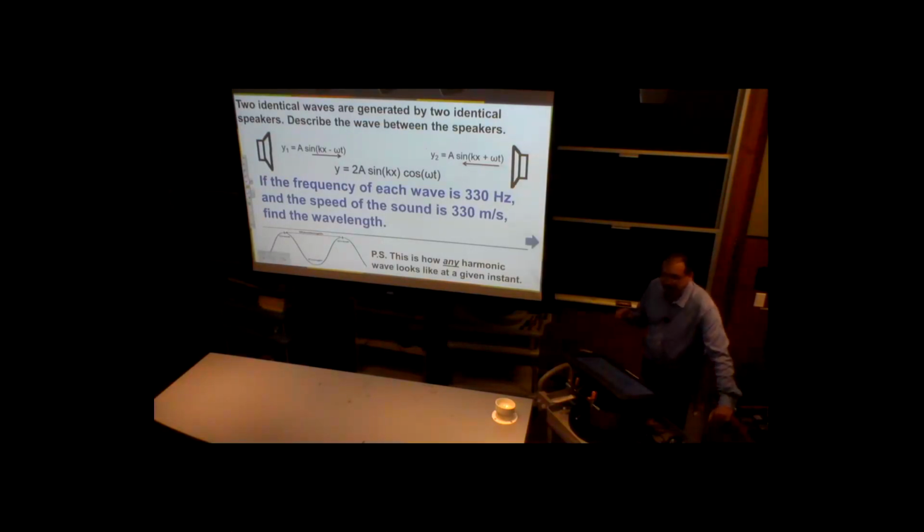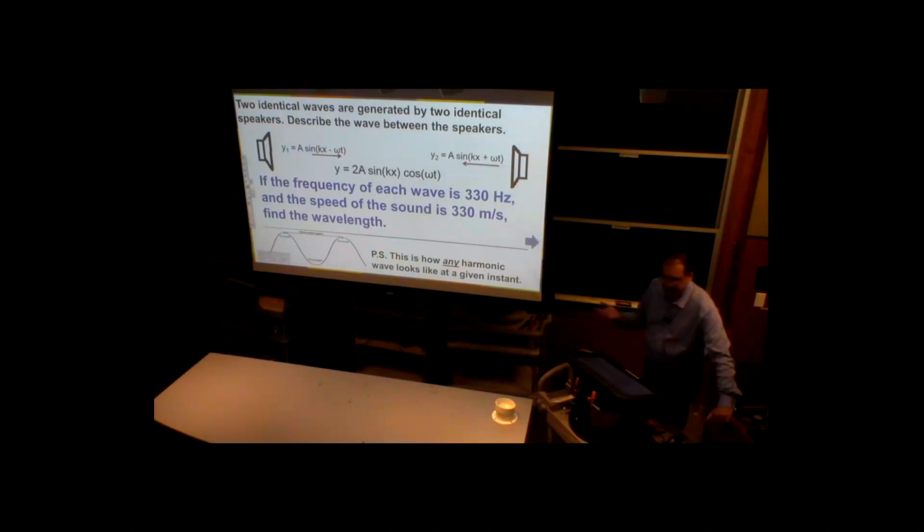Now we have to talk about the last subtopic of this topic, and then we move on to sound waves and the Doppler effect. Driven oscillations happen when we use two sources. Each source generates a traveling wave. What's happening in between the sources depends on the sources.